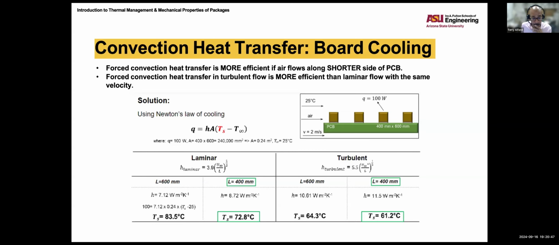And I can see that in this particular case, I get the best heat transfer by turbulent flow.